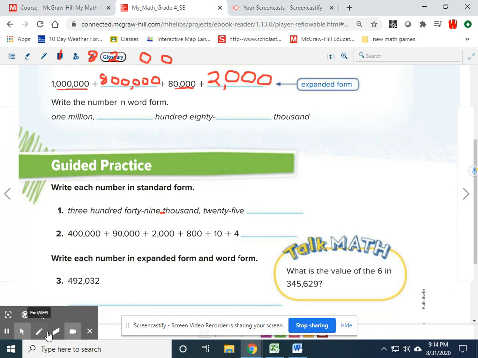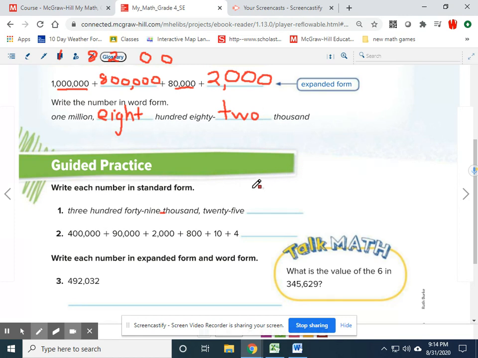So I'm going to say this number is 1 million, and we go back up here and see that it's 882,000.